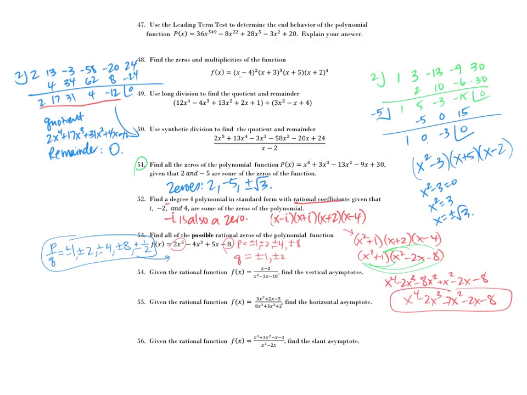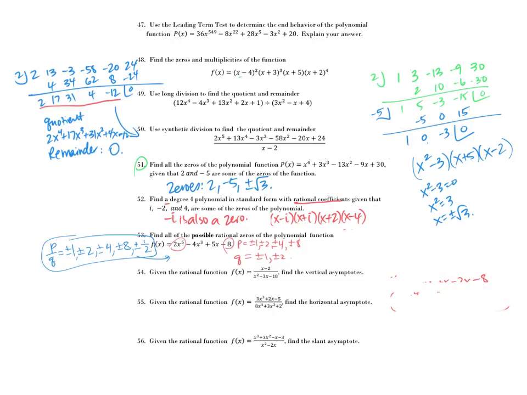So that goes here. Given that rational function, find the vertical asymptotes. So what we want to do here is see if anything's going to simplify. So let's go ahead and factor the numerator and denominator. So I have f of x is equal to x minus 2 over, let's see, factors of 18.